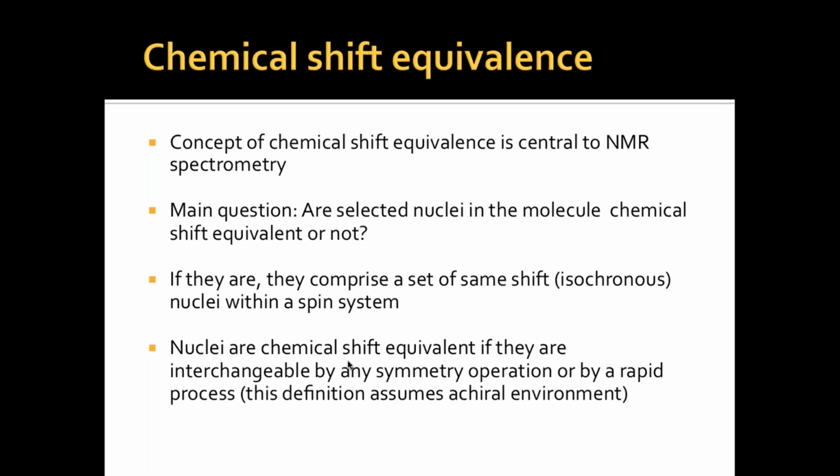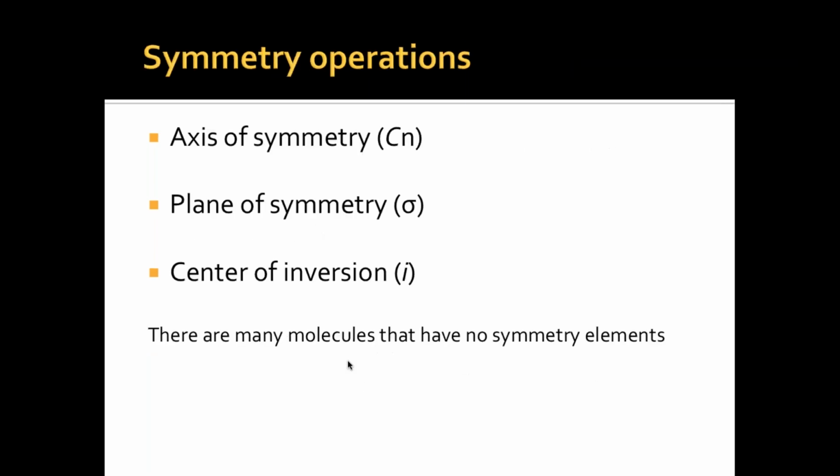As I just explained, some molecules are symmetrical or not symmetrical, so we really have to see what kind of symmetry element is present in our molecule: axis of symmetry, plane of symmetry, center of inversion.